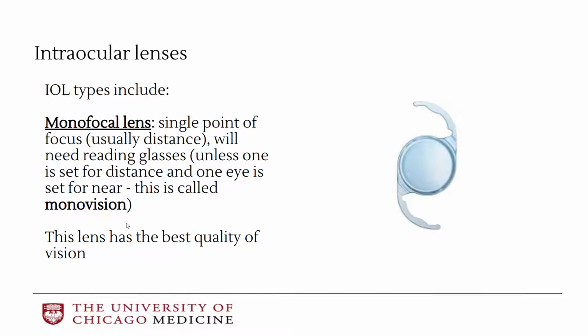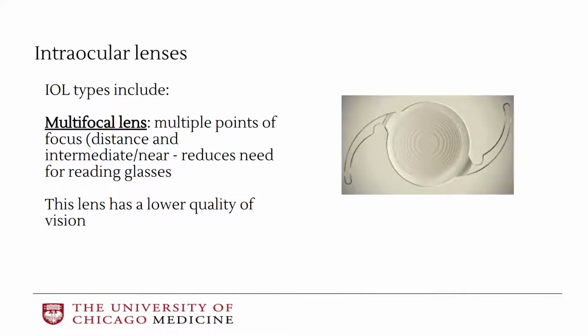A monofocal lens has the best quality of vision. It provides the most vivid colors, the greatest contrast, and the ability to see things sharply and clearly is the best with a monofocal lens. A multifocal lens has multiple points of focus, basically for far away and also for intermediate or near.